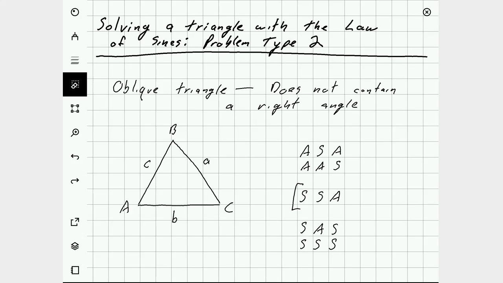In this video, we're going to talk about SSA, the situation where you have 2 sides as well as an angle which is not in between the 2 sides. In another video, we'll be looking at SAS and SSS, the cases where you have 2 sides and the angle in between, as well as the case where you have all 3 sides.